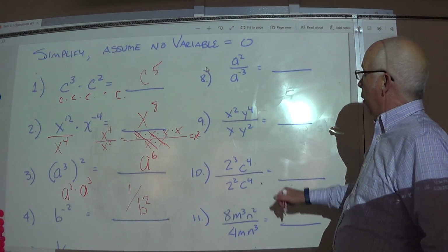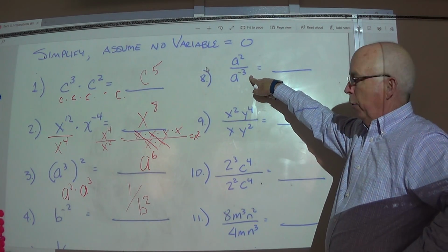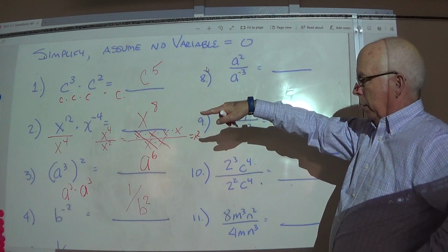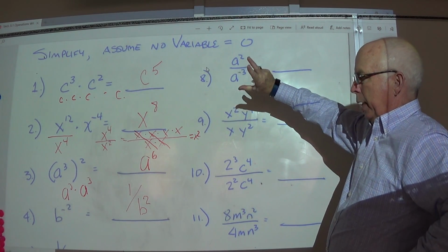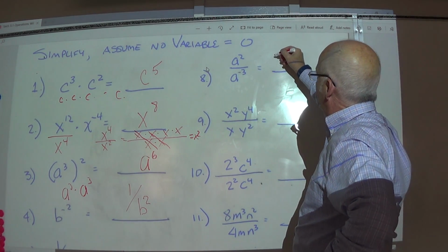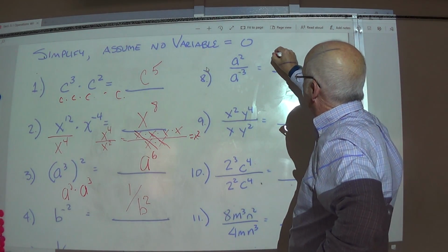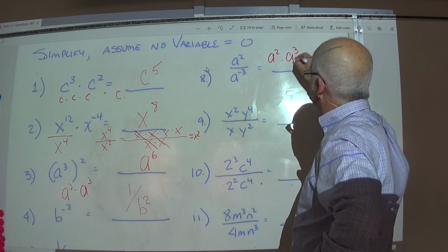Okay, so in number 8, we've got a squared over a to the negative 3rd power. And we just talked about how to convert negative exponents to positive exponents: take the reciprocal and change the sign. So this is actually equivalent to a squared times a cubed, right?